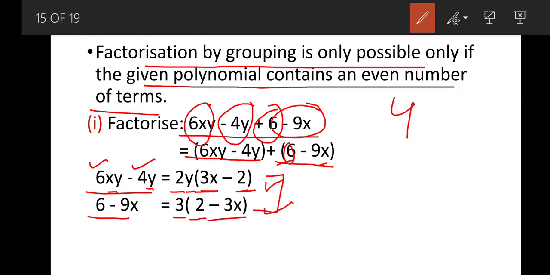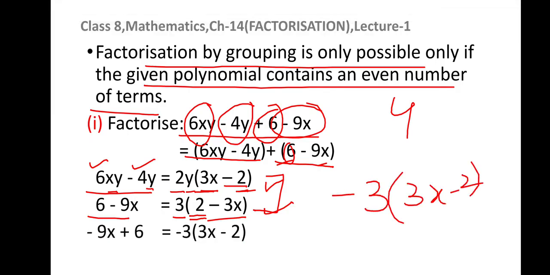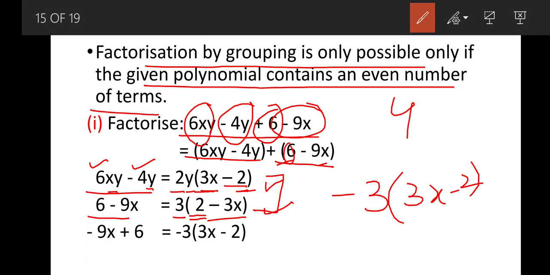So, what can I do? Here it is minus 2, here it is plus 2. There is a change of sign only. So, if I take minus 3 outside, then I will be able to get the same factor. Like you can see, I have written in the next step also. Or you can rearrange this. It can be written as minus 9x plus 6.